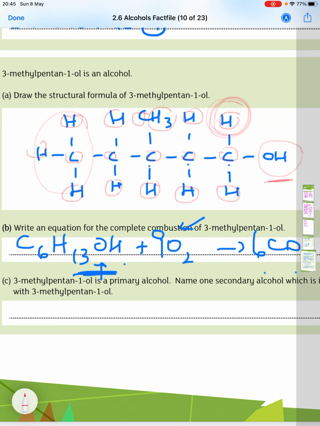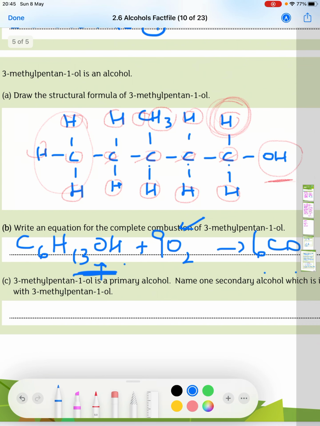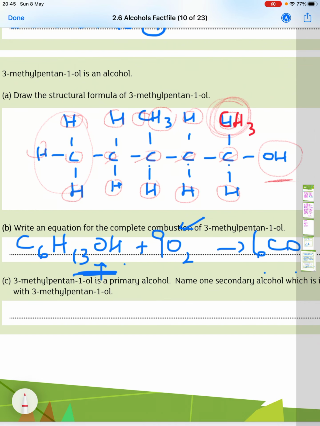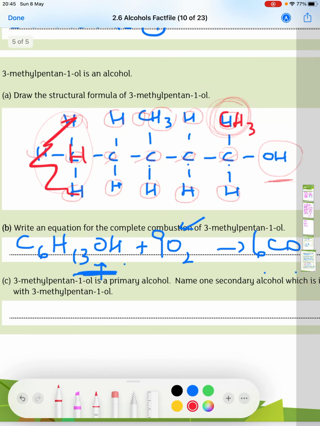So what that would make it is 1, 2, 3. So that would be 1, 2, 3, 4, and then if we had a CH3 here instead, and then this here would just be a hydrogen, so get rid of that one.